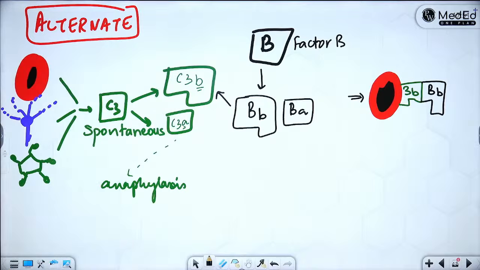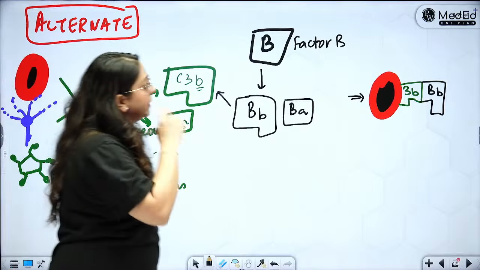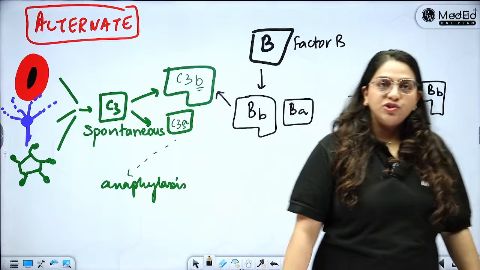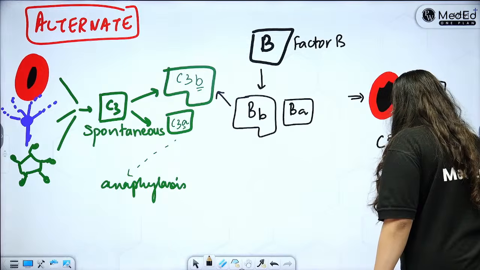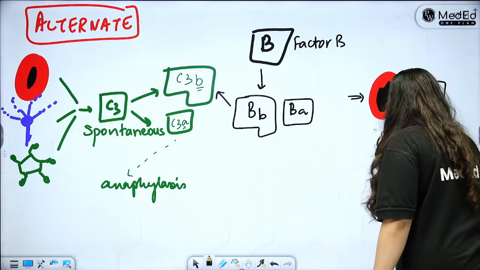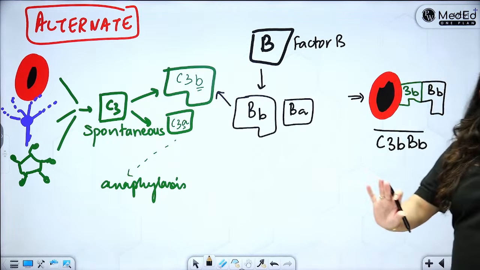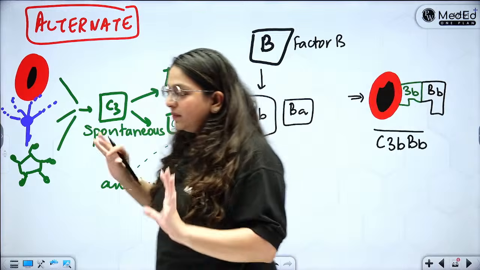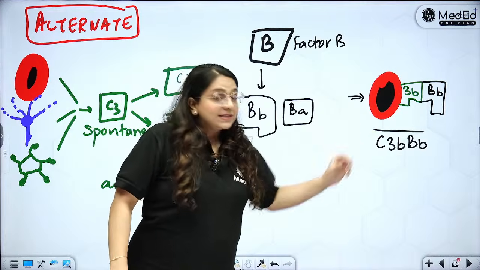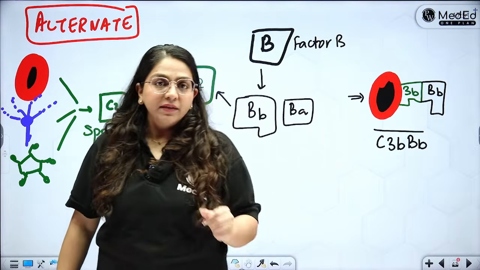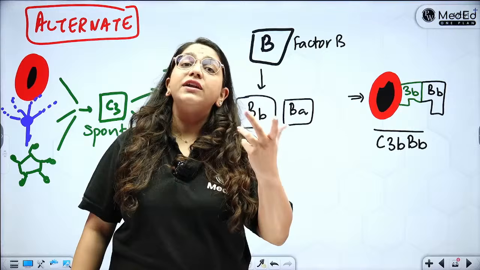Both the components, C3b and Bb, are attached. Together, can I call this whole thing C3bBb activated? I can call it C3bBb activated, right? Now, this will convert into something called C3 convertase.